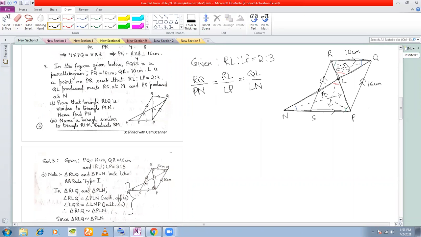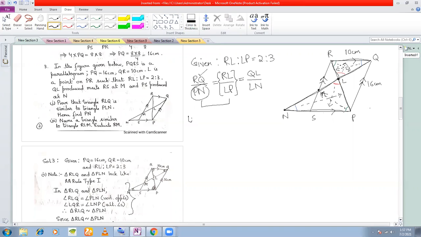Now let's see what we need to calculate, what all are given. This ratio is given to us, RL is to LP. This is given, fine. And we need to calculate PN here. Okay, what else is given? PQ is given, but PQ is not here. RQ is given, so this is given. That means if I consider these two equalities, we'll get the value of PN, right?